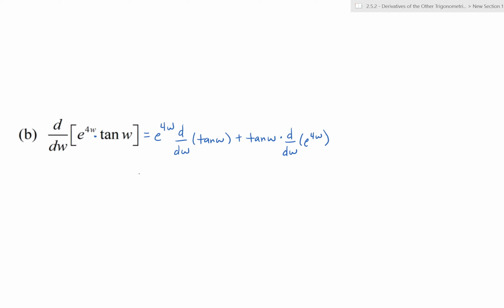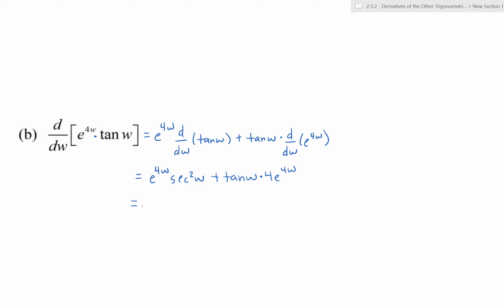And so from here, let's do our differentiation. Remember that the derivative of the tangent function was the secant squared function. We derived that earlier in the video. So for that first term, we're going to get e to the 4w times secant squared w, and then plus tangent of w, and remember that the derivative of e to the 4w would be 4e to the 4w.